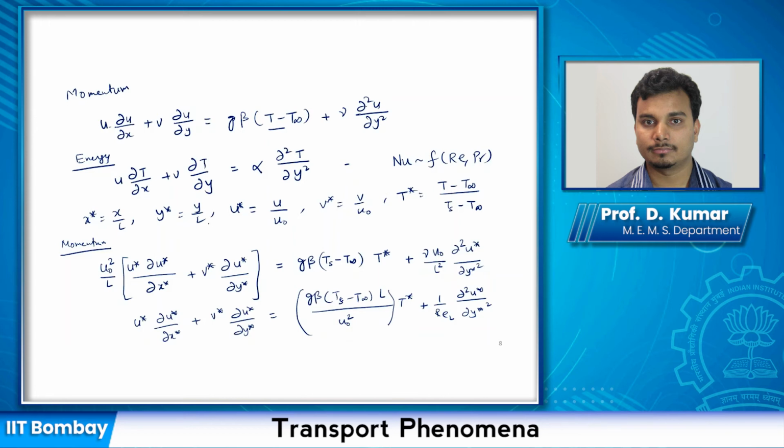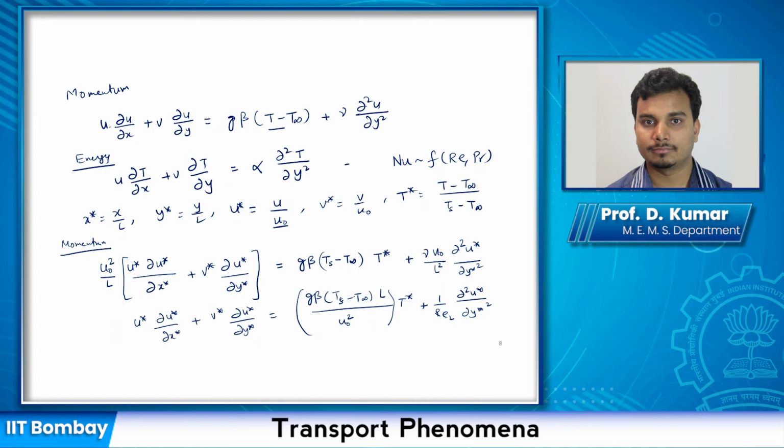Okay, so so far we have not defined u naught, right? We said that u naught will be some arbitrary velocity. Here, in this case, if you look at the coefficient of t star, this is u naught square, and it is non-dimensionalized. So this does not have any dimension. This should not have any dimension either.